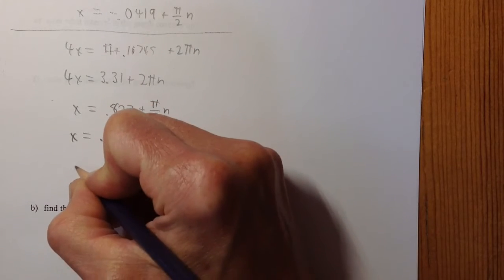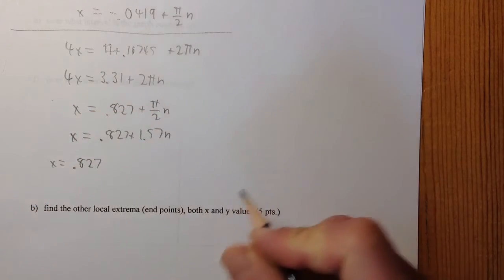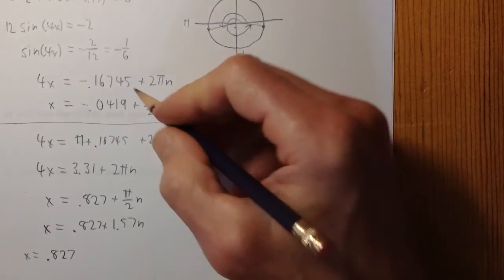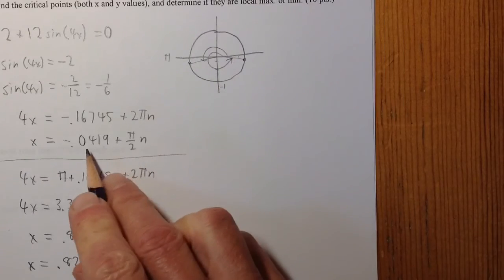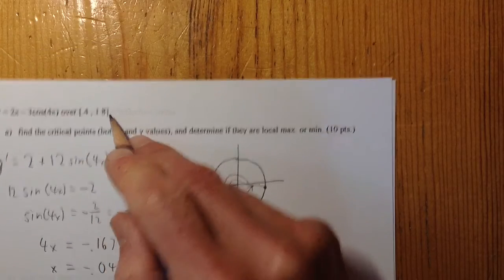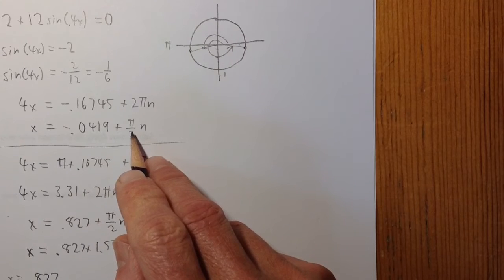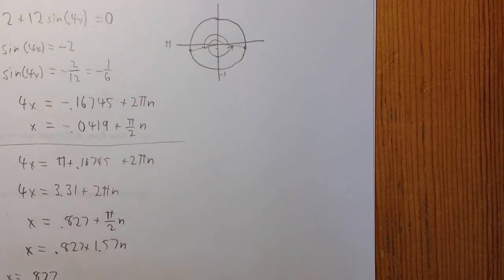So this one gives us 0.827. That's one of our x values. Then let's figure out this one up here. Negative 0.0419 doesn't work because we only go from 0.4 to 1.8. But we know we have to add something, so let's add pi over 2. Let's add 1.57 to that.